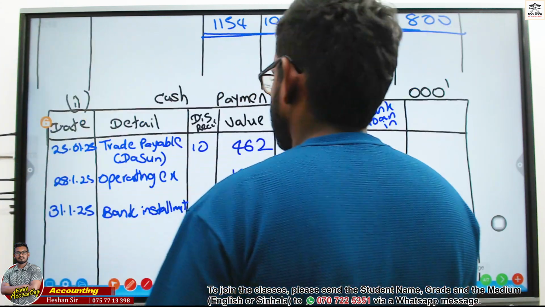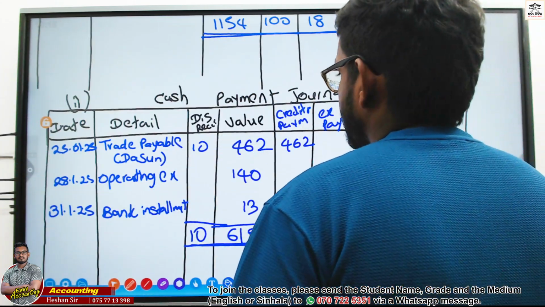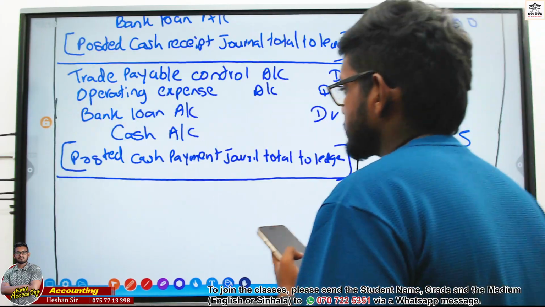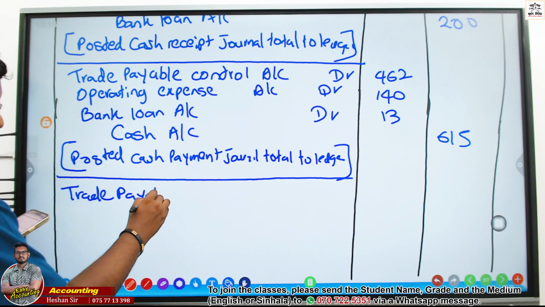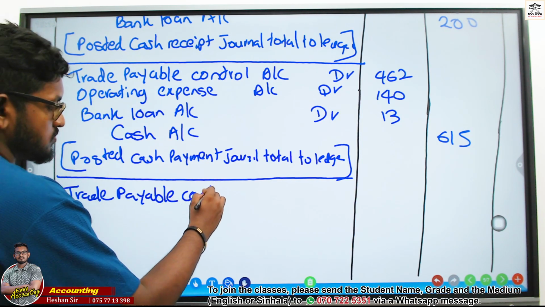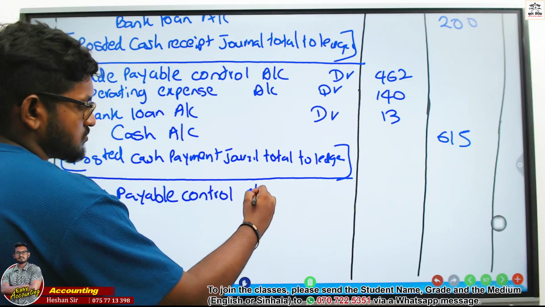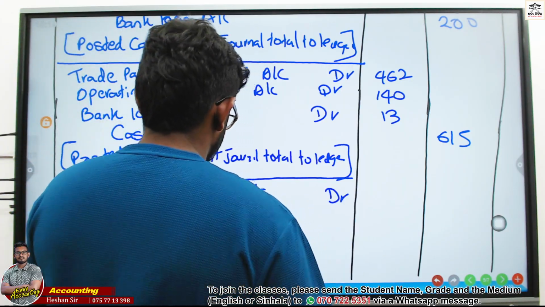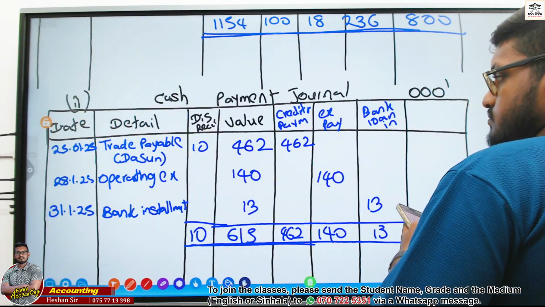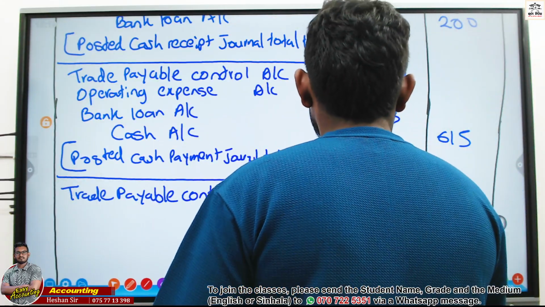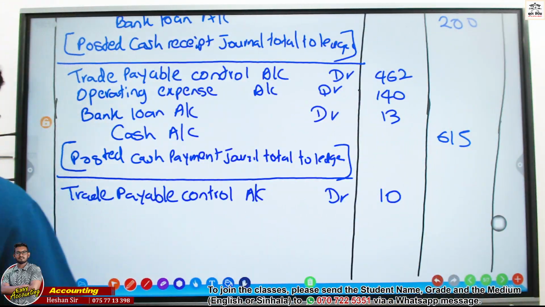Right? You can see in here cash payment journal there's a discount received. Discount received account credit. Trade payable control account debit 10, right?